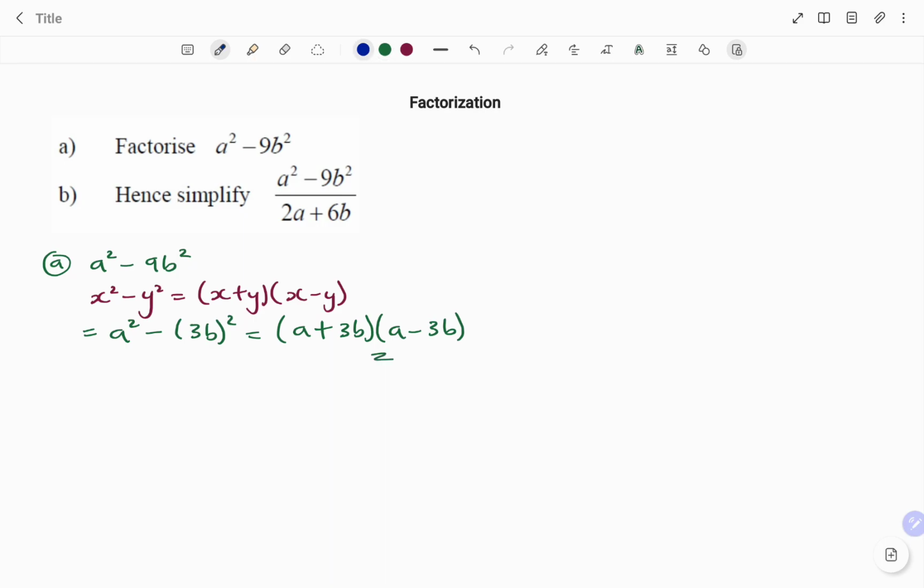For the second part of the question, I have b, a squared minus 9b squared divided by 2a plus 6b. We've already factorized the numerator. I'm going to use common factors to factorize my denominator.